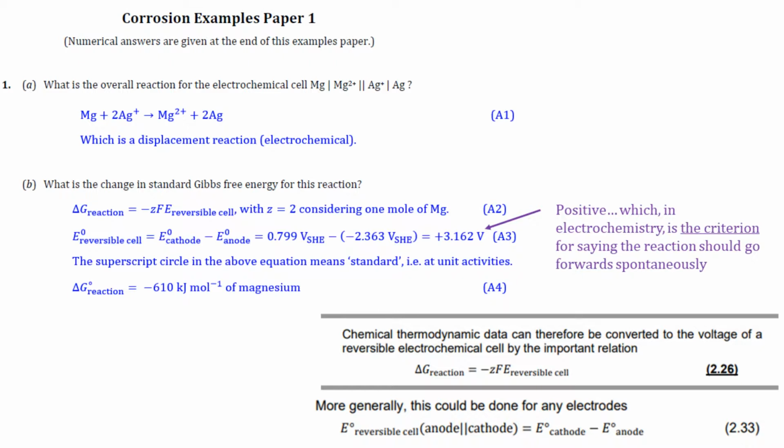This is very thermodynamically favourable. In classic chemistry, we don't use this cell potential, we instead want to use delta G, and in equation A4 we evaluate delta G and we find there is a very large negative Gibbs energy change of reaction, which is minus 610 kilojoules per mole of magnesium.